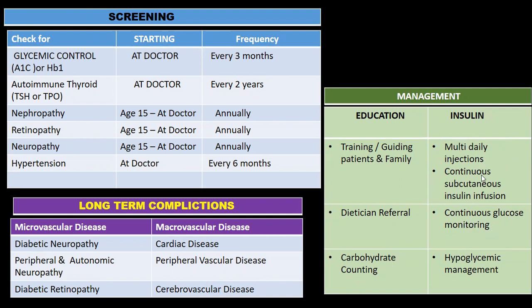Those who have this type of diabetes usually monitor their glucose in the fasting state. Then there is hypoglycemic management, where to maintain the insulin level, they need to monitor every time.